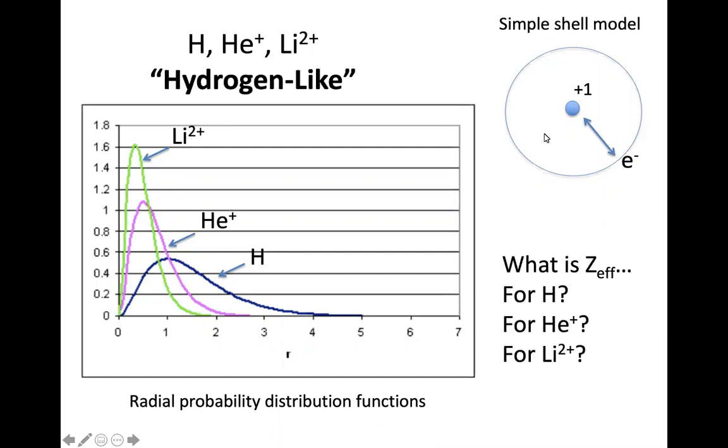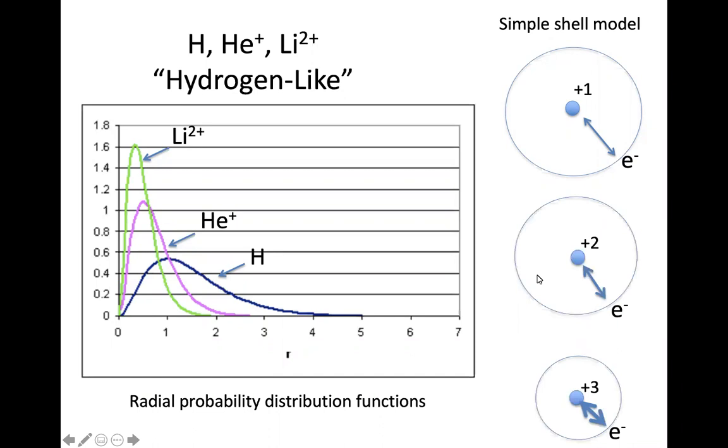If I wanted to calculate the effective nuclear charge, I could do it for any of these. It doesn't have to be only for neutral atoms. We can calculate the effective nuclear charge for any electron in any atom, whether it's an ion or not. In this case, if I show our shell picture here, these are all just with 1 electron.